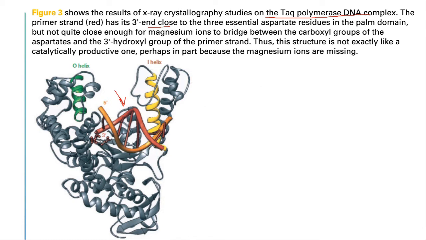The red ball-like structures are the aspartate residues in the palm domain, but not quite close enough for the magnesium ions to bridge between the carboxyl group of the aspartate and the 3' hydroxyl group of the primer strand. Thus, this structure is not exactly a catalytically productive one, perhaps in part because magnesium ions are missing.